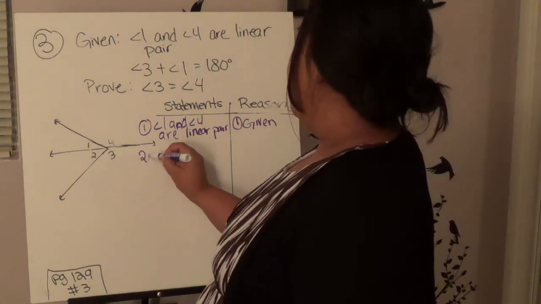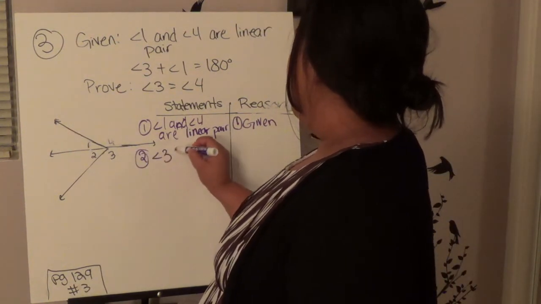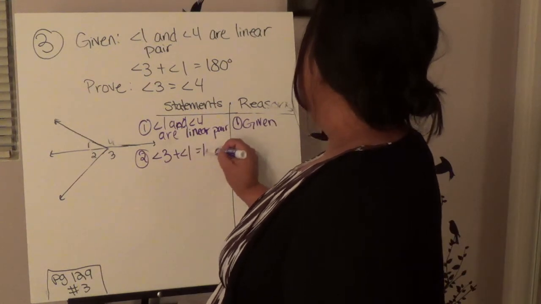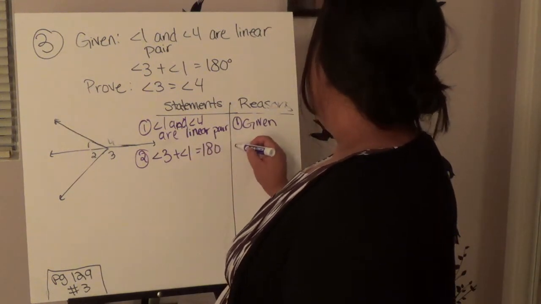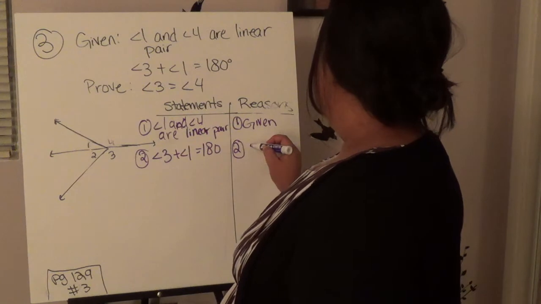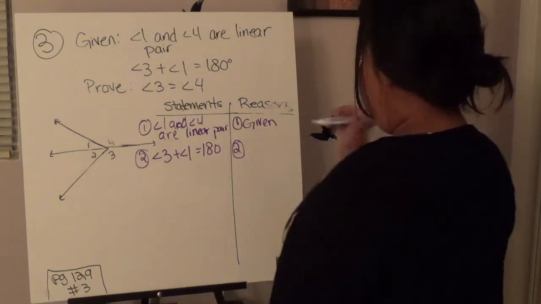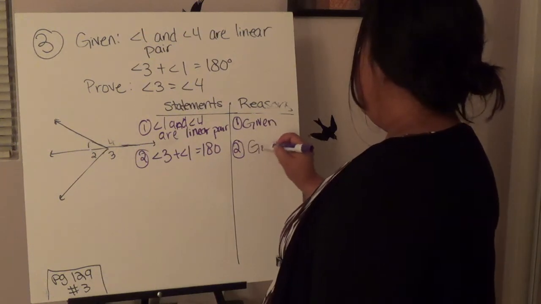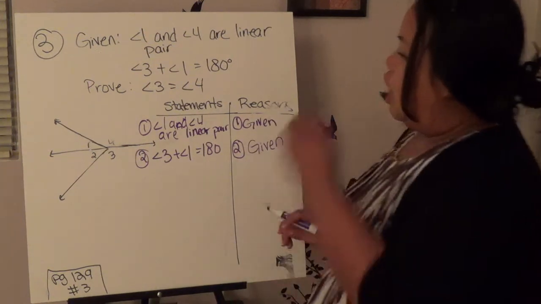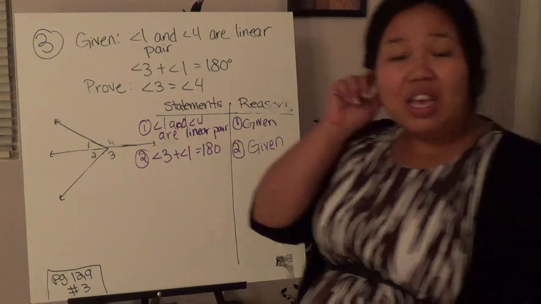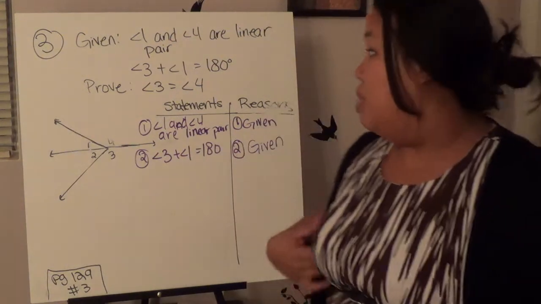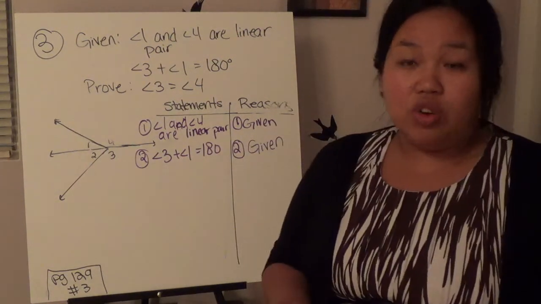My next one is that angle 3 plus angle 1 equals 180. This is also given. So, I might have mentioned it in class, and maybe not. I think I mentioned it in one section or another.